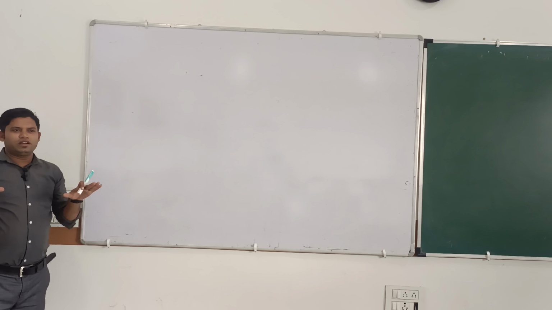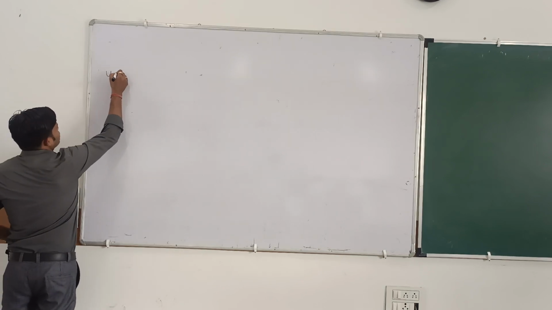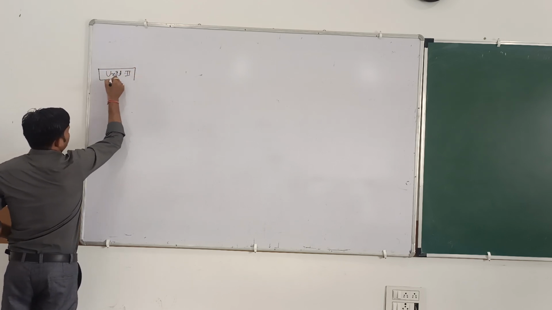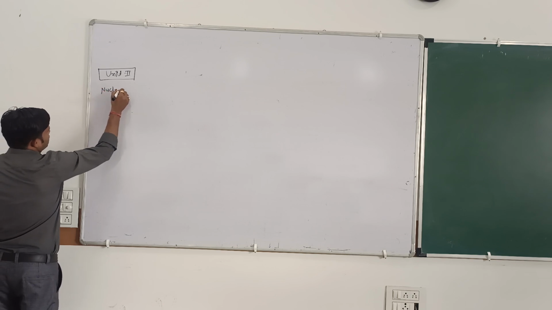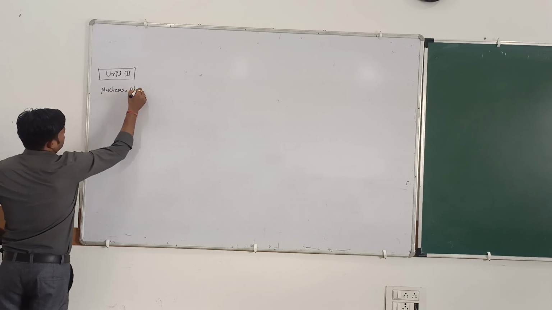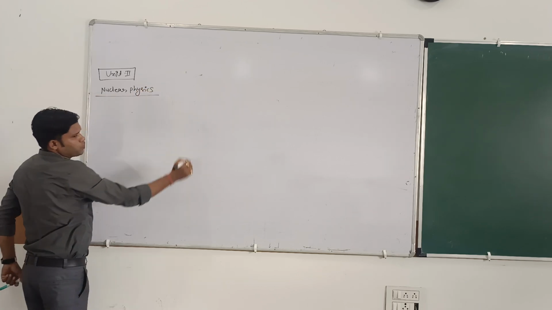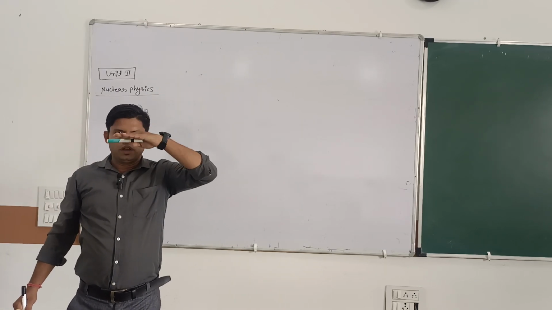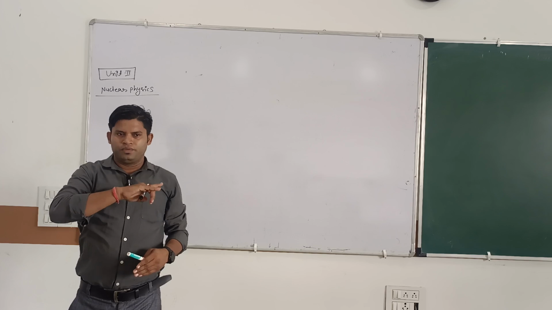Our main class today is unit number 2. And what is the name of unit number 2? Nuclear physics. Unit number 1, what is the name of unit number 1? Relativity. Unit number 2, nuclear physics.